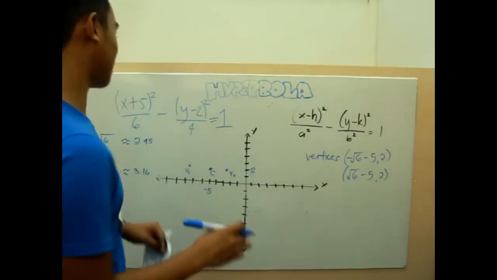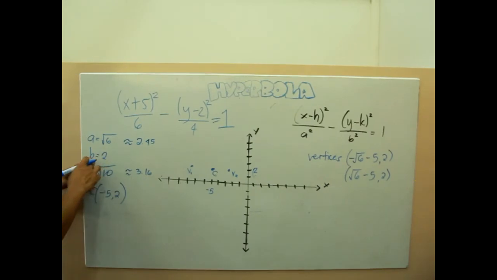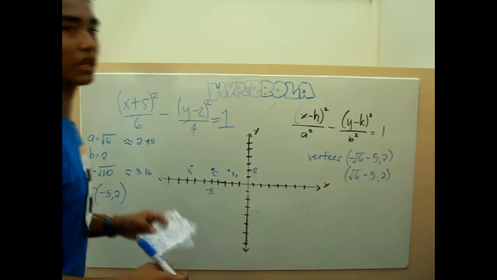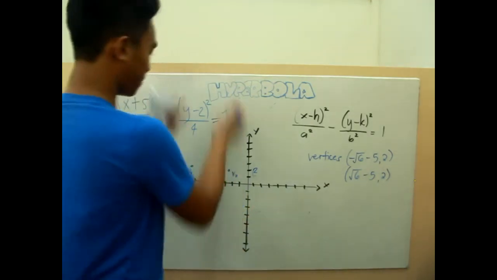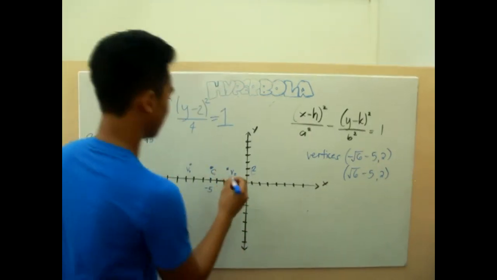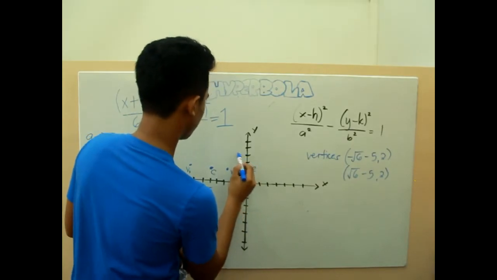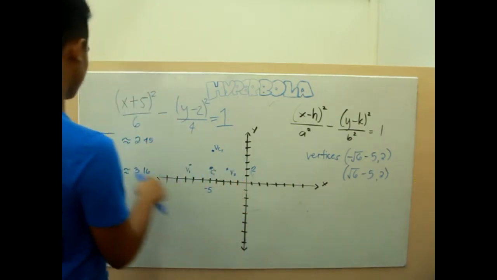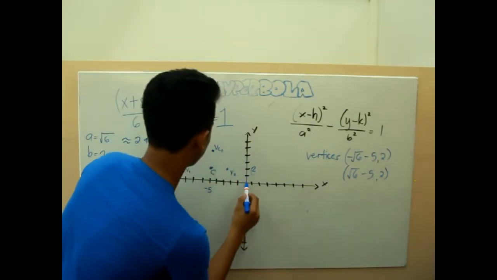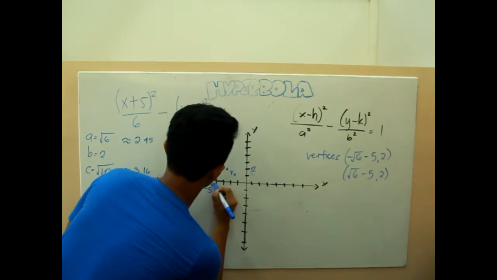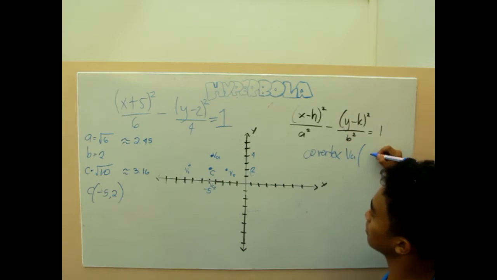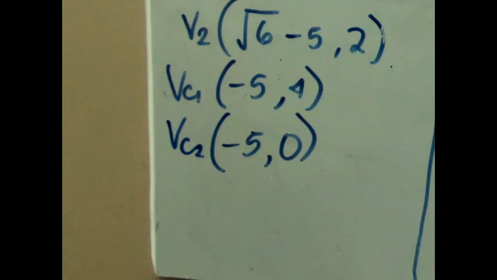To find our co-vertices, we need to use the value of b as the distance from your center to your co-vertex. So we need to count up and down 2. So 1, 2. This is your co-vertex 1, and down 1, 2, this is your co-vertex 2. So our co-vertex 1 is negative 5, 4, while our co-vertex 2 is negative 5, 0.